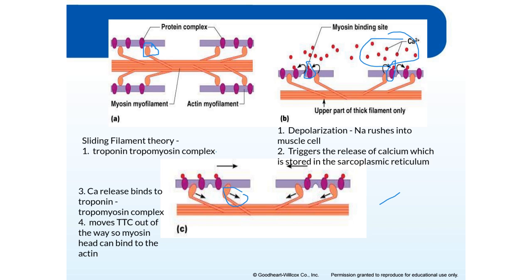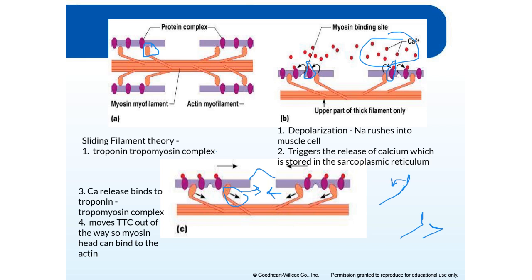They were kind of leaning out like this, and then they end up moving in like this, pulling the actin. You'll notice the gap in the middle here is smaller because they're pulling the actin towards the center.